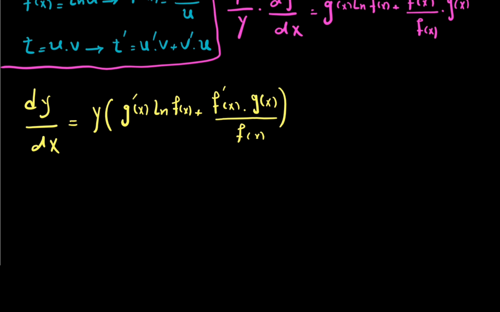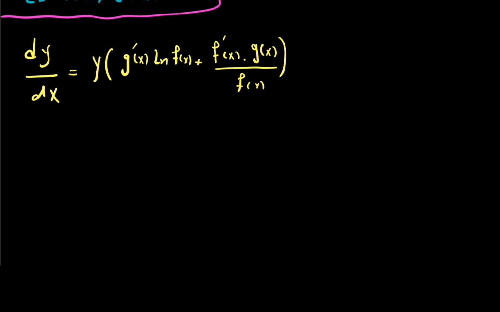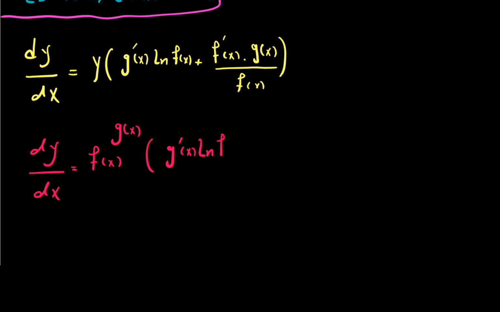However, you know that y was equal to f(x) to the power of g(x). So as you know, the final answer will be equal to f(x) to the power of g(x) times g prime x times ln f(x) plus f prime x times g(x) divided by f(x). Let me write it.